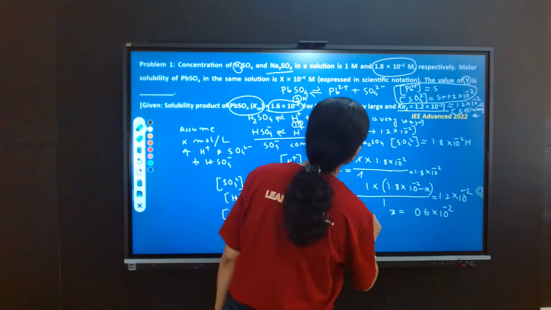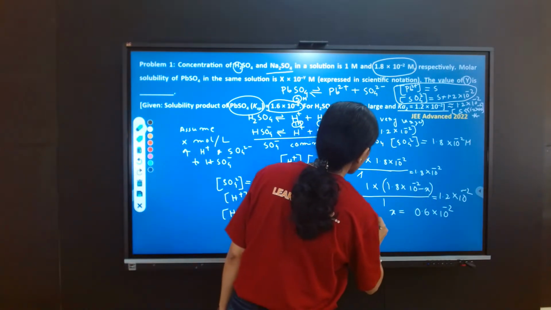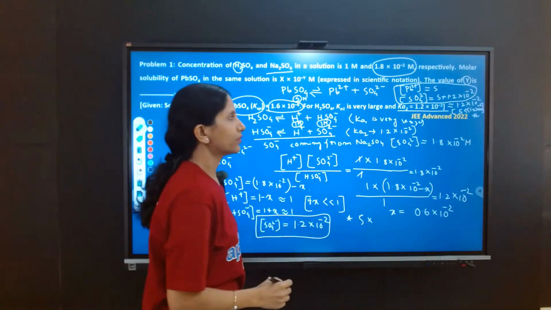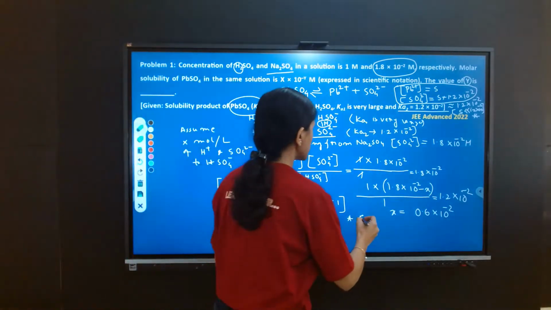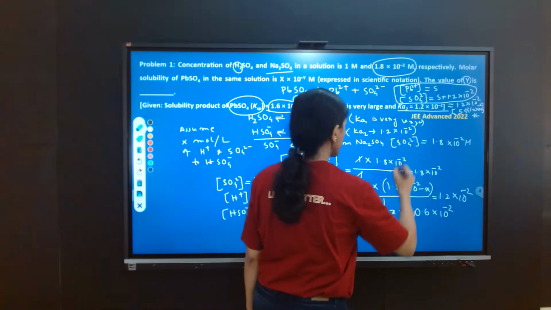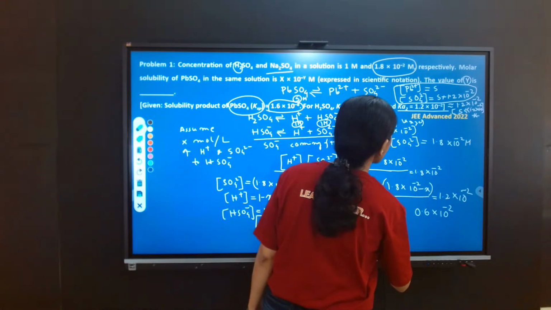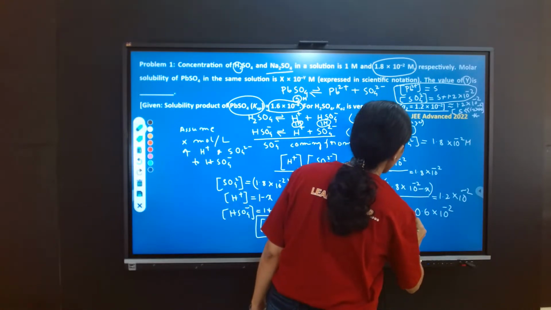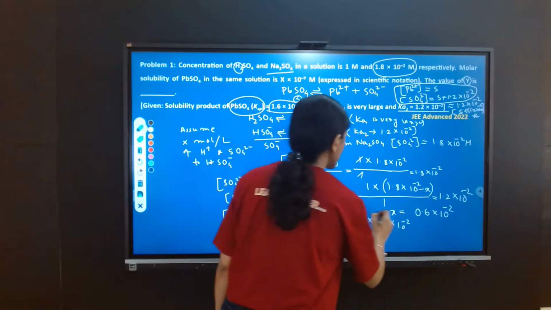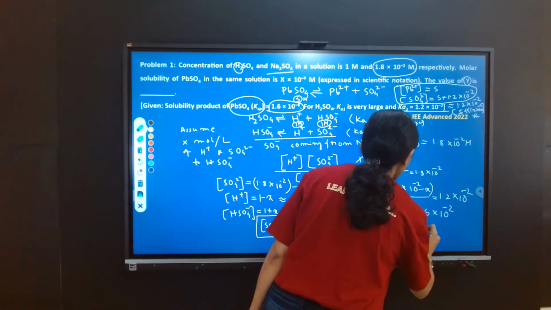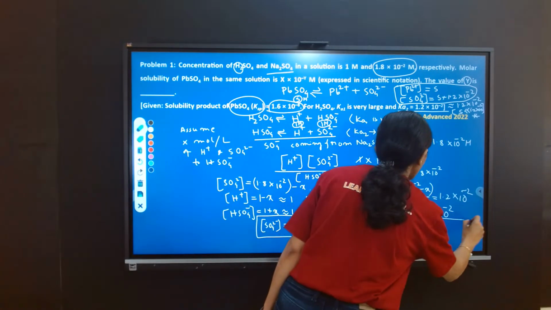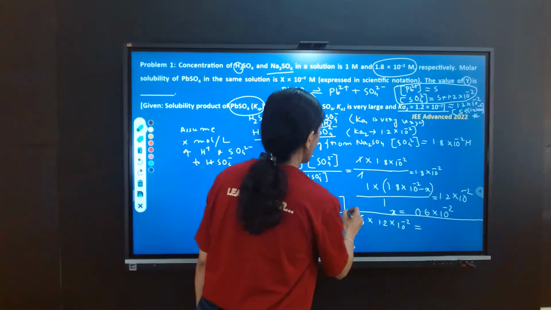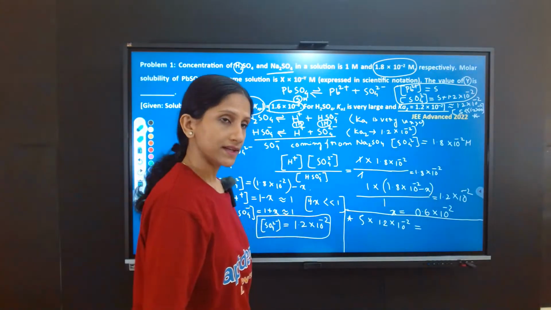So S, that is the concentration of Pb2 plus, times the concentration of SO4 2 minus, which has come out as 1.2 times 10 to the power minus 2, is nothing but the solubility product of the salt lead sulfate.